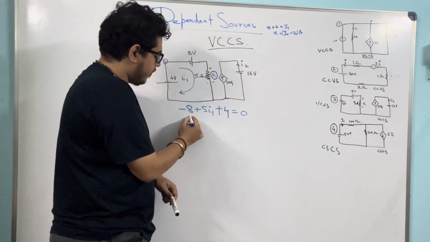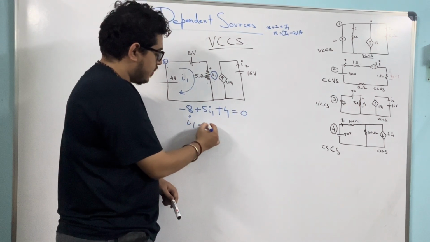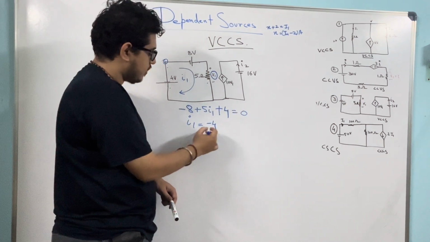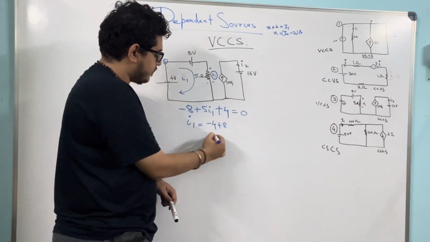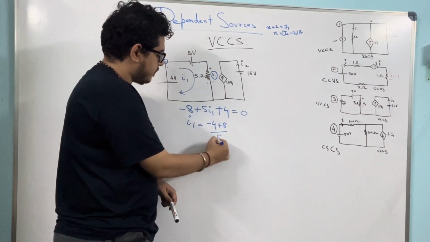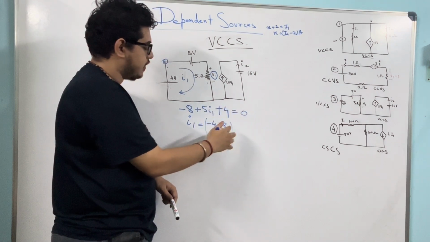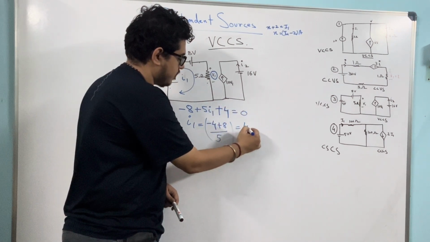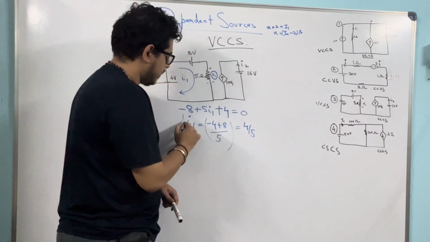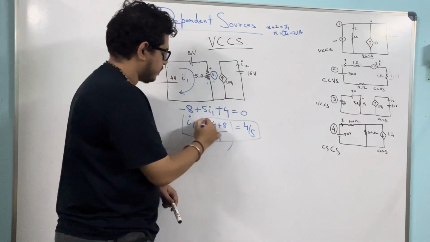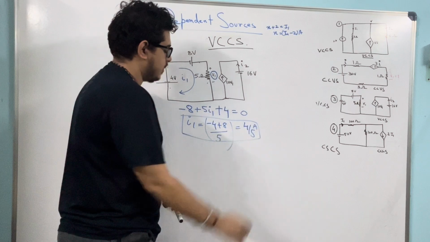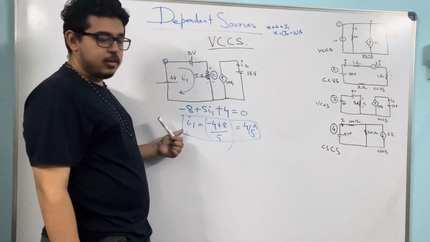So the value of I1 will be equal to minus 4 plus 8 upon 5, which will be equal to 4 by 5 amperes. So I found the value of I1.